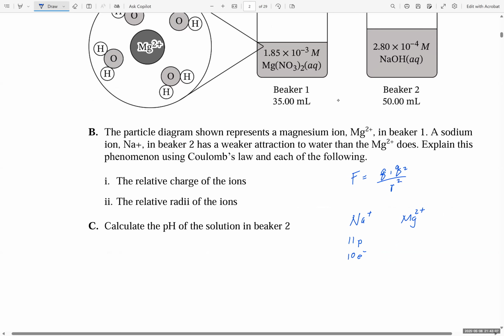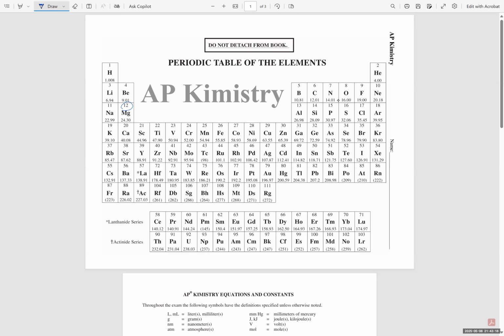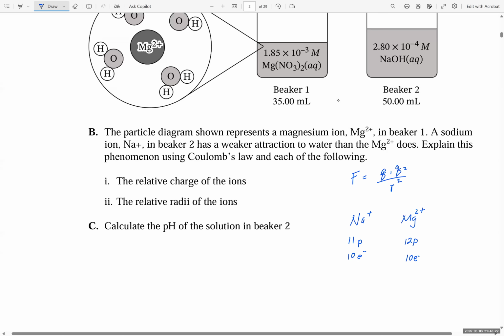Whereas magnesium is going to have 12 protons in the nucleus, and it's also going to have 10 electrons because they're both isoelectronic to neon. So what does that mean? That means you've got 10 electrons, and sodium has 11 protons while magnesium has 12 protons.